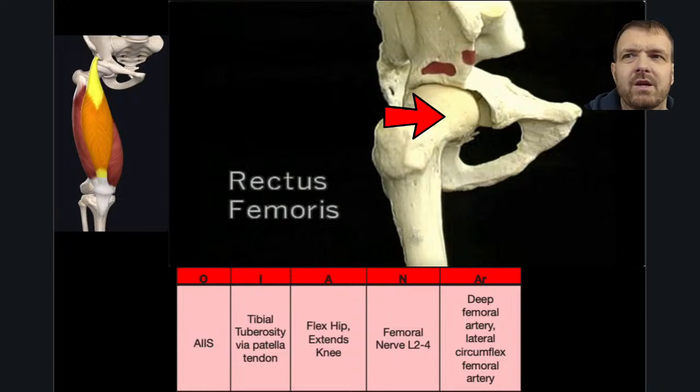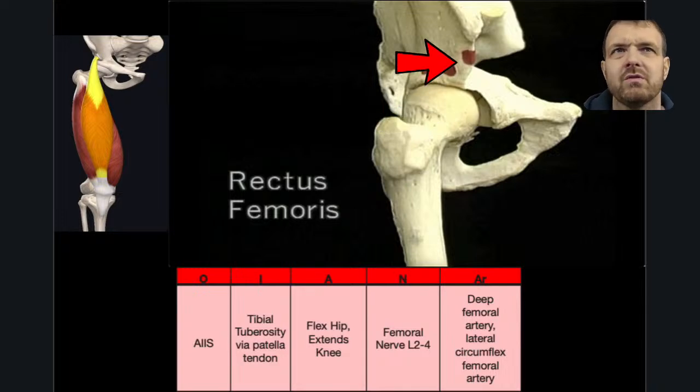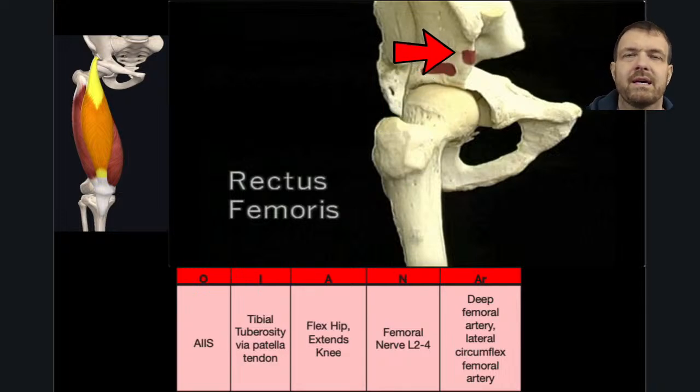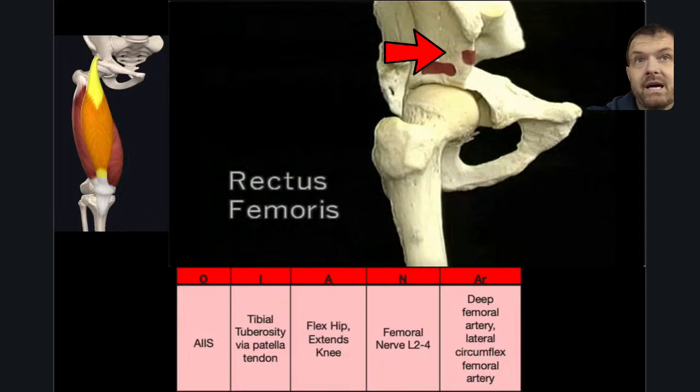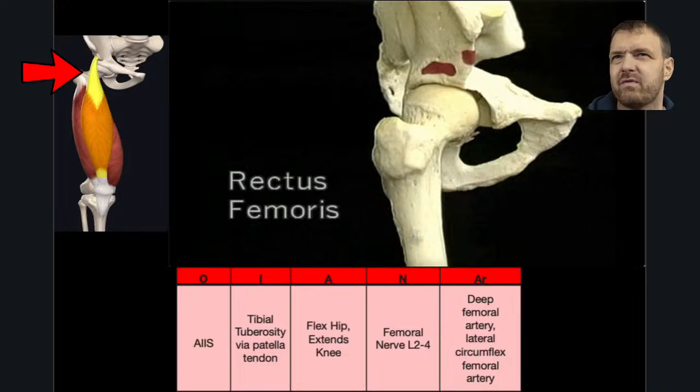You can play around with the position of the hip into internal and external rotation. If you go internally, you're going to slacken the AIIS section, and if you go externally, you're going to tighten it. Either way will change the feeling of rectus femoris.